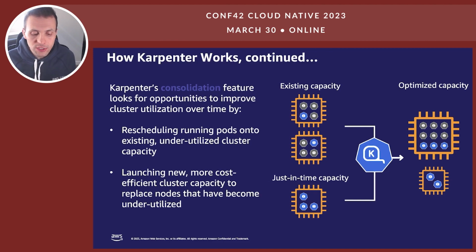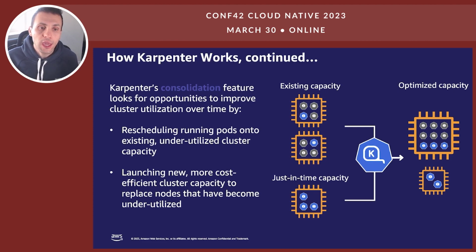So Karpenter not only works on scaling up and down, but also looks at your cluster at a high level, at which current nodes you have in place, and whether there is potentially an opportunity to remove some of those nodes and bring up other nodes that are more performant and price optimized for you. You can reschedule running pods onto existing nodes that are underutilized, but you can also launch new, more cost-efficient nodes within the cluster and replace nodes that were much more expensive.